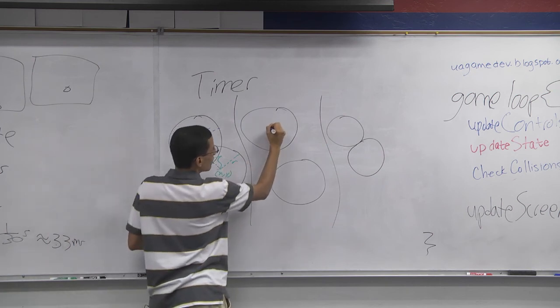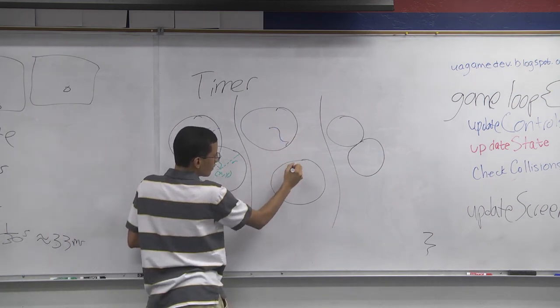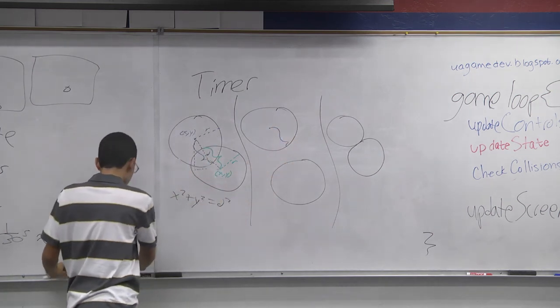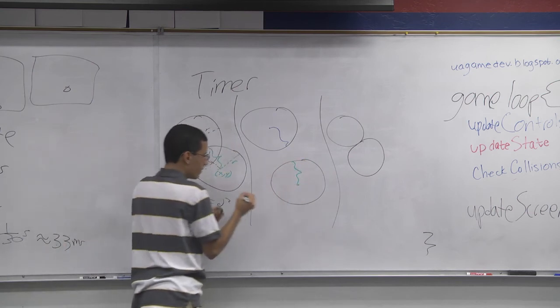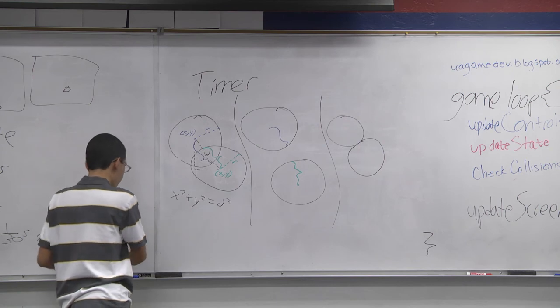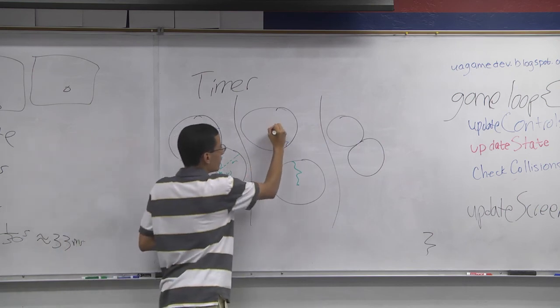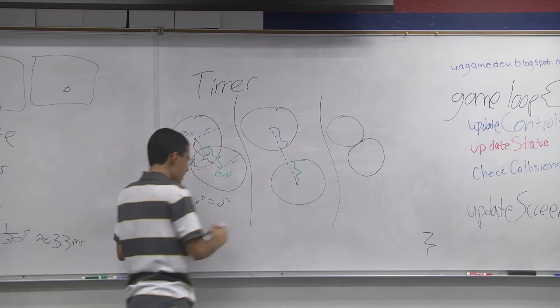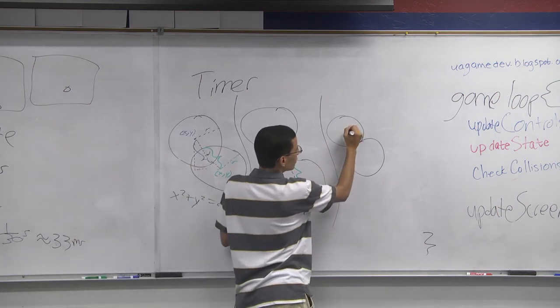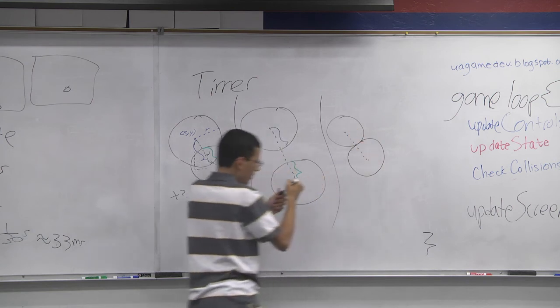But in this case, this distance and this distance, the sum of that is less than this distance. So they're not colliding. And here, just to really nail it home, they would be equal distances.